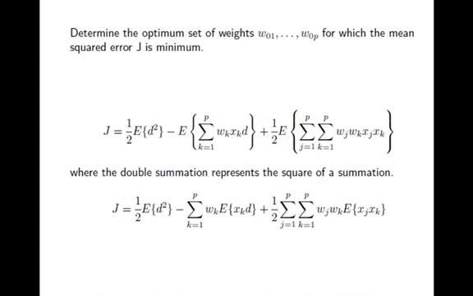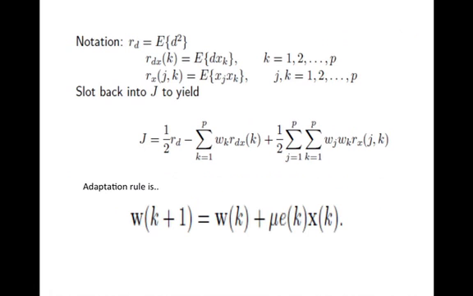So we carry forward by substituting what e is here, and by proper calculation and simplifying the terms, we arrive at the result. Finally, J equals half r d, where r d is equal to the expectation of d squared, minus the sum of w k r dx of k, plus half of the sum of w j w k r x of j k.